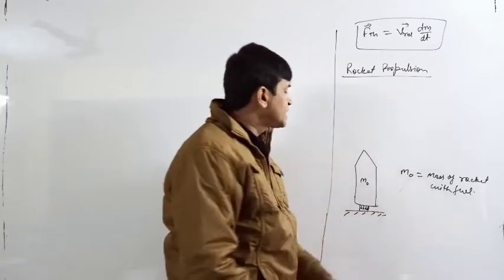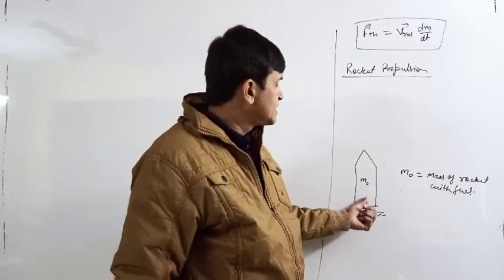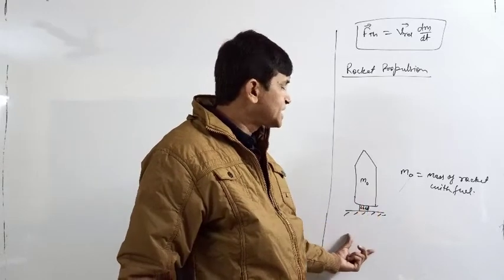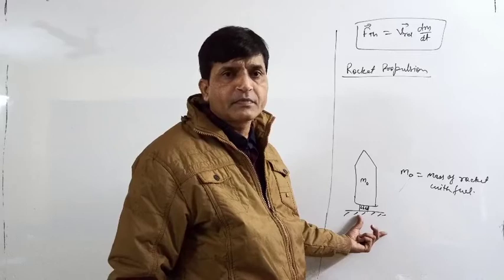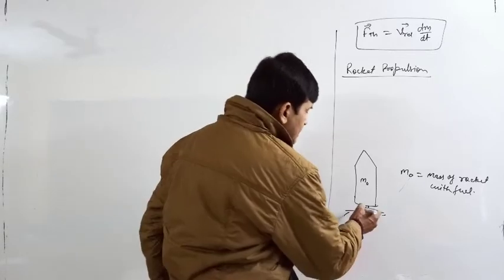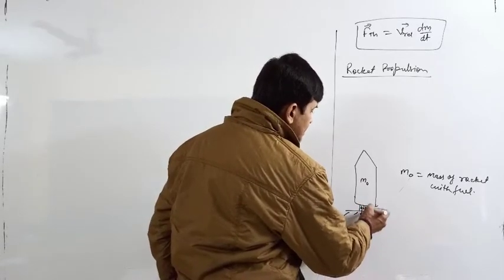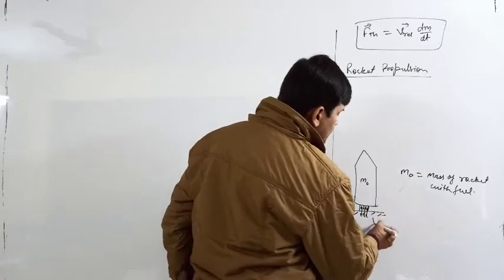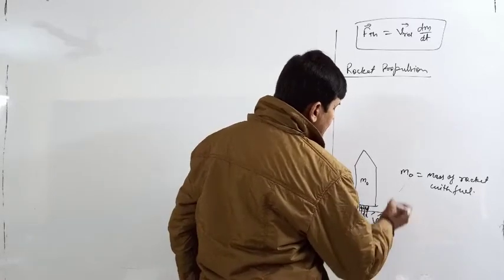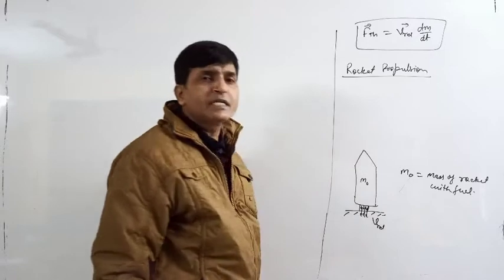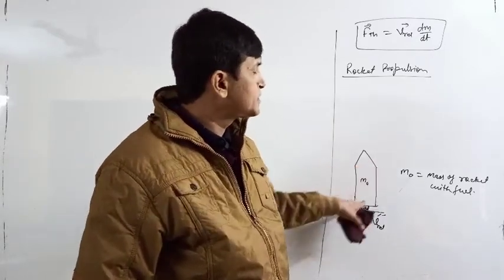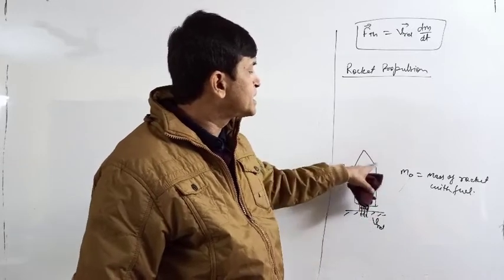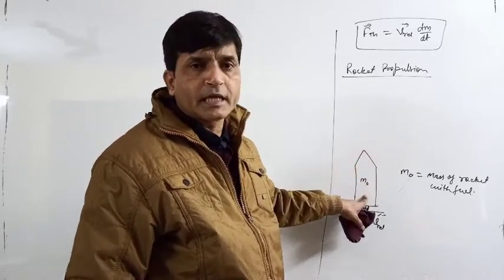Some chemical reaction takes place inside, because of that some exhaust gases form, and they come out with a certain velocity. Let these exhaust gases come out with velocity V relative, the relative velocity of these gases with respect to the main body. Here the main body is the rocket.